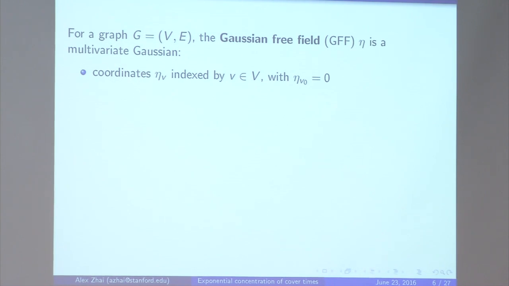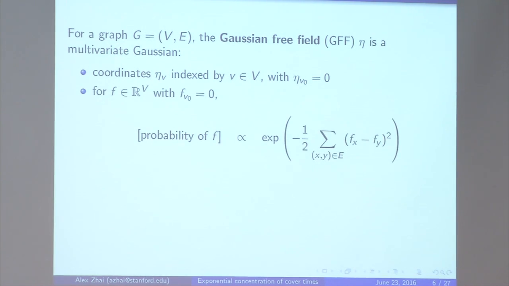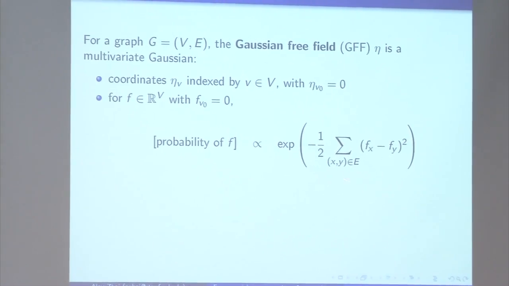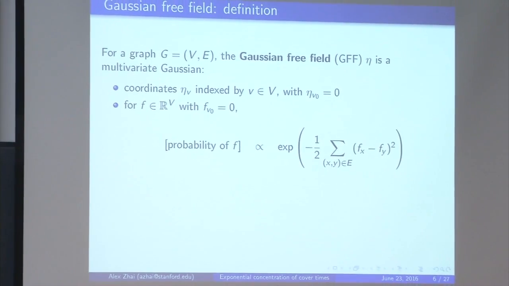Okay, so it takes a value at each vertex, and let me describe it further by saying that for a given assignment of values, that's this f here, the probability density of that assignment of values is proportional to, well, we look at the sum of the squared differences between adjacent values at adjacent vertices, and then e to the minus 1/2 times that sum.